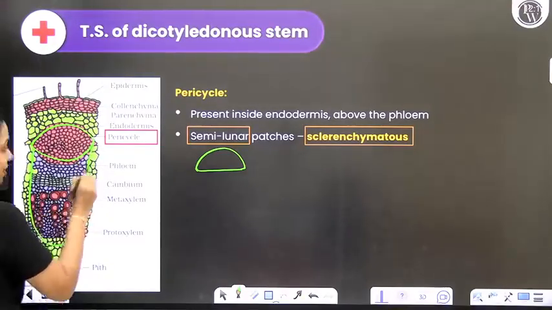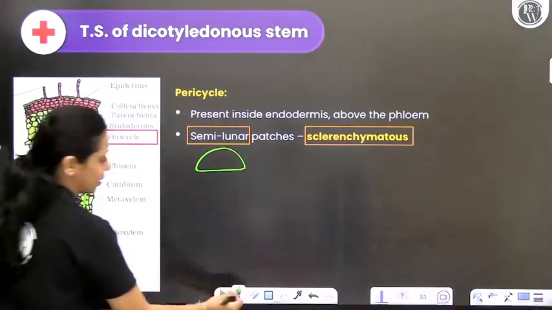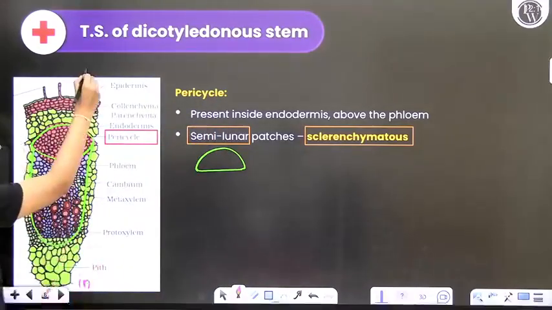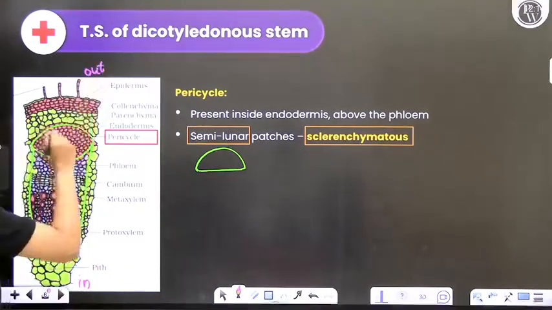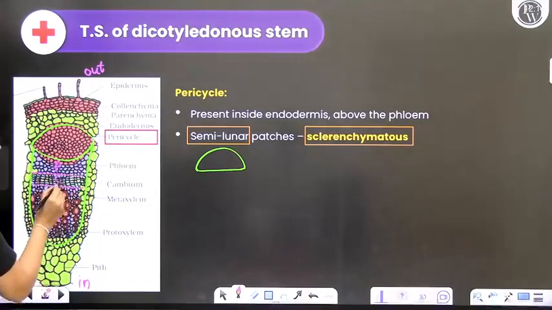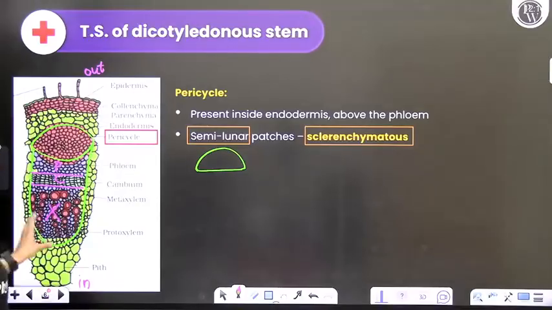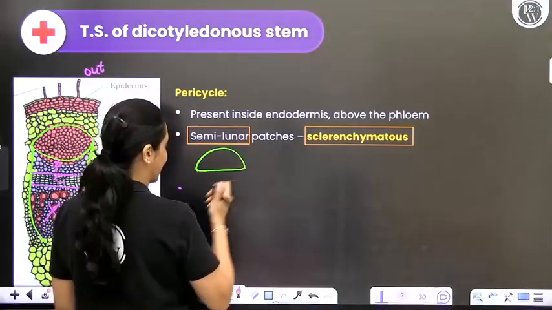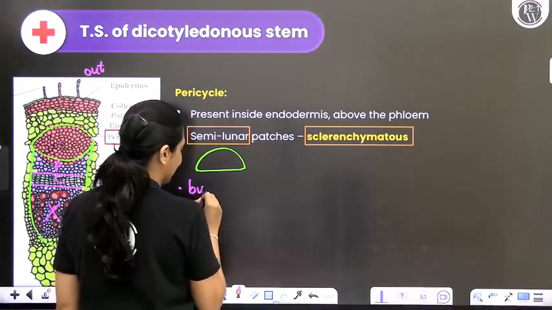It will be present right above the phloem. This is towards the inside, this is towards the outside. In the vascular bundle, here you have xylem, here you have phloem, here you have cambium. Right above the phloem, it will be present. Because it's present like a cap to the vascular bundles, some books even mention that the pericycle forms a bundle cap.